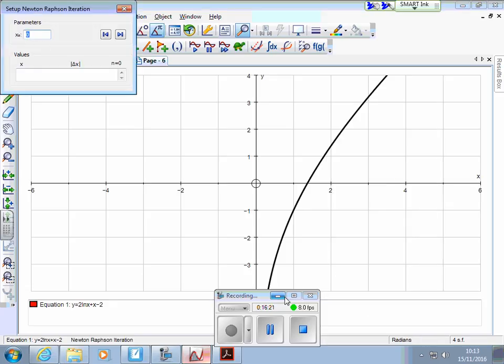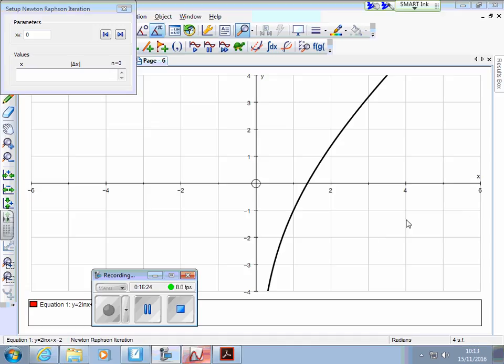With this particular function, what values can we not guess with? What would be a bad idea? What would be a real bad idea?